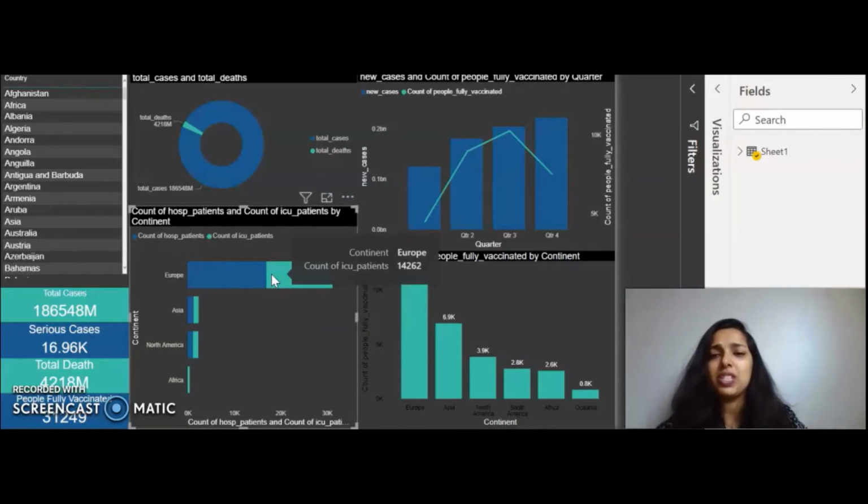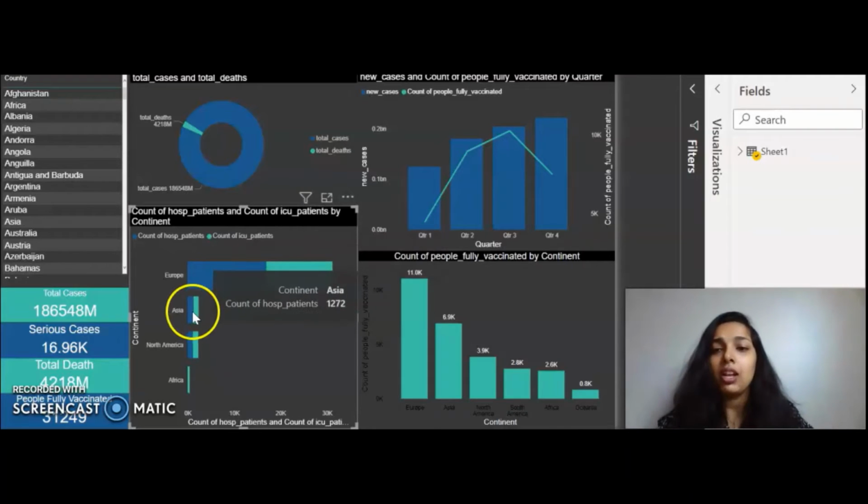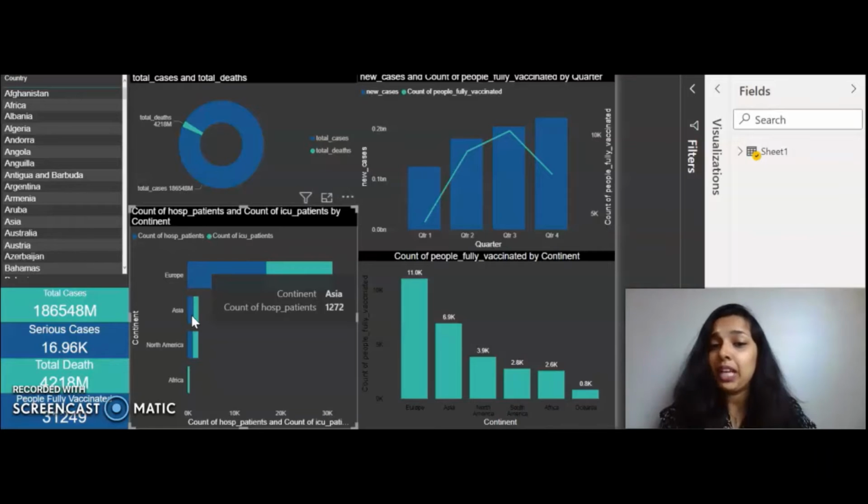So almost the same number, with a difference of about 2,000 between hospital patients and ICU patients.